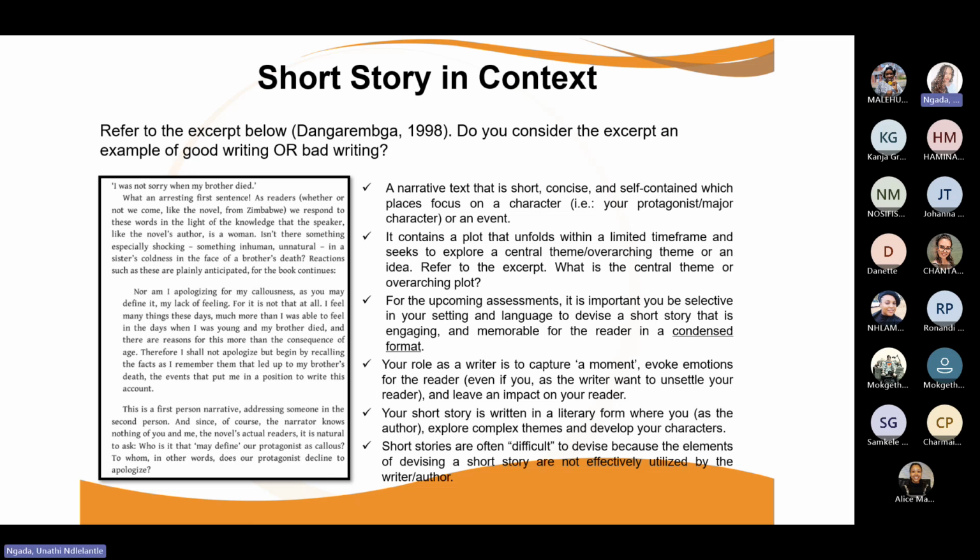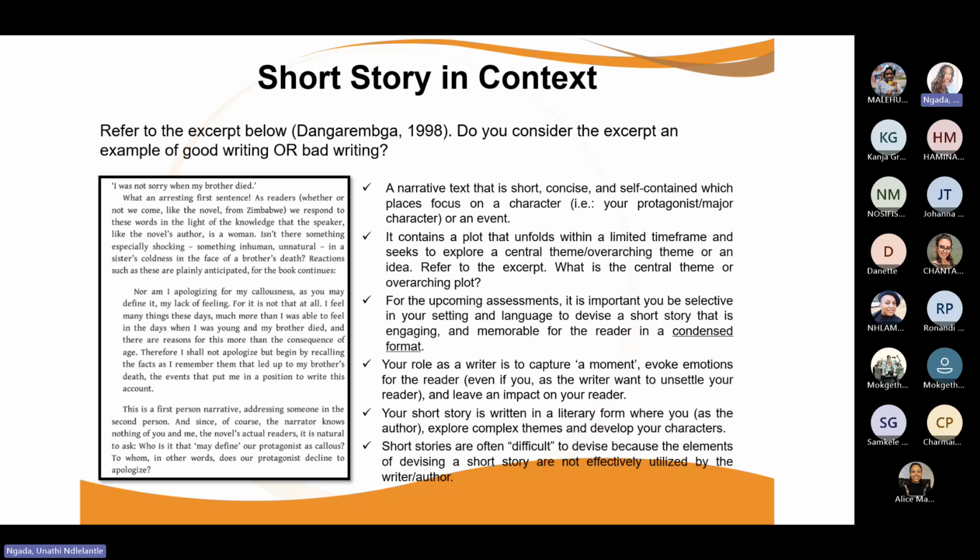And because of that, the student felt that she deserved a much better mark and that the external marker was sort of unfair. So I had to review the student's short story and explain to her that, listen, the marker in this particular case was in fact fair, because you could not execute the elements of devising a short story. And unfortunately, you did not engage with the rubric quite well.